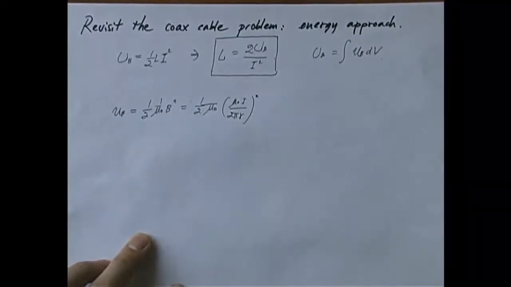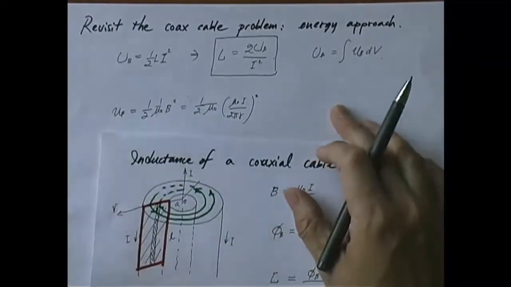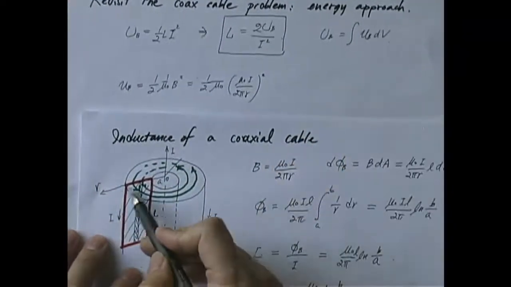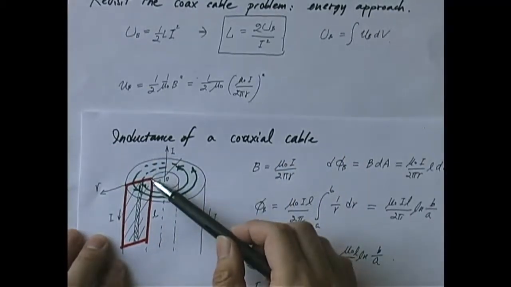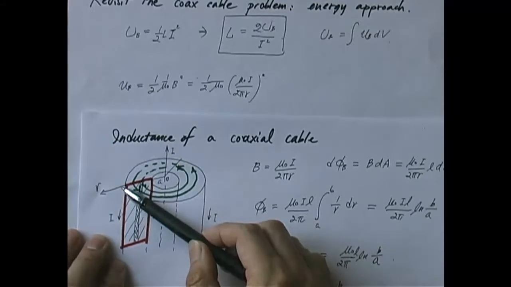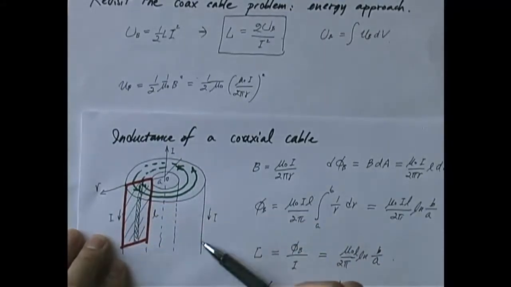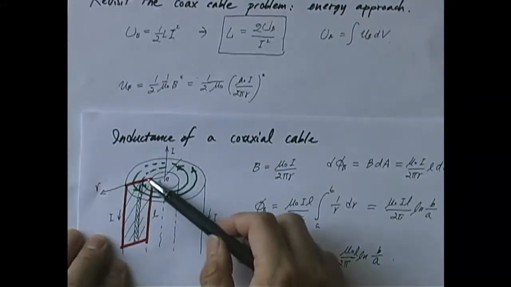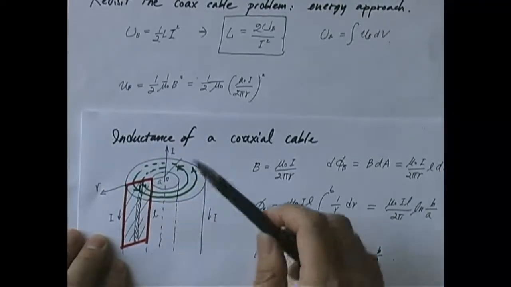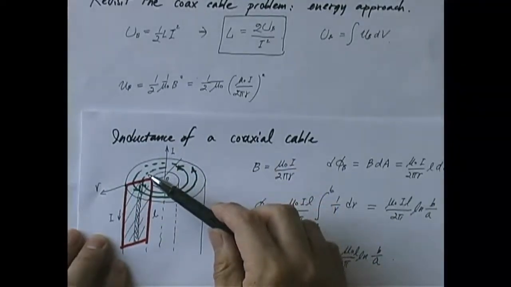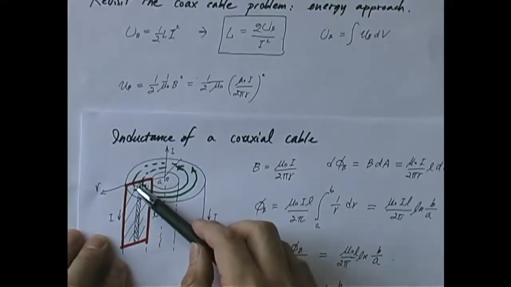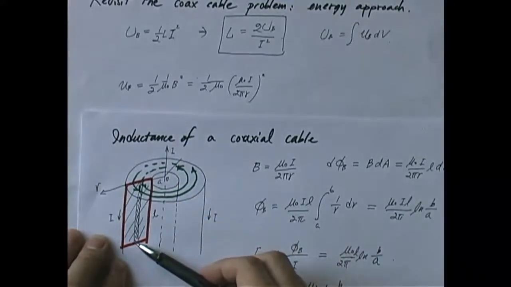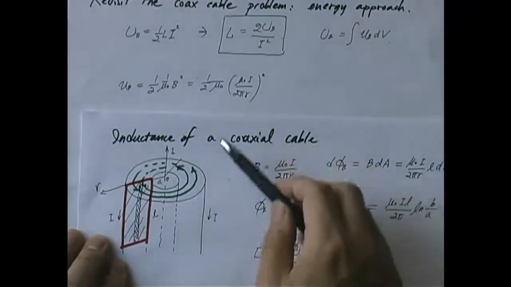So let's go back to this diagram here for the coax cable. Let's consider a region between the inner cylinder and outer shell, this region of length L. In this cylindrical region, there is a magnetic field, right? And let us look at a shell area between r and r plus dr. Within that shell area, the magnetic energy density is uniform because we know the magnetic field is uniform.